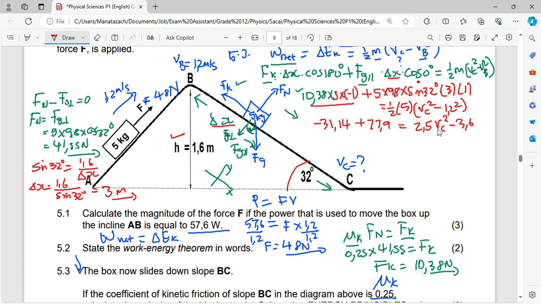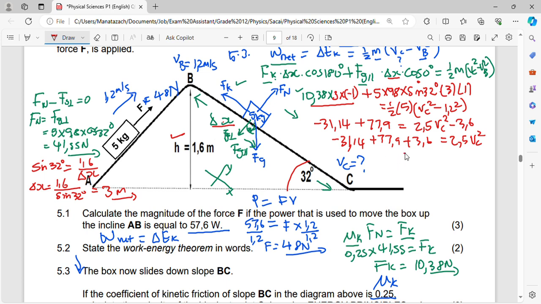Now I'll write everything in terms of Vc. I'll take the minus 3.6 to the left hand side so that I'll have minus 31.14 plus 77.9 plus 3.6. That will give me 2.5 Vc squared. So let me further simplify the left hand side. I have 31.14 plus 77.9 plus 3.6.